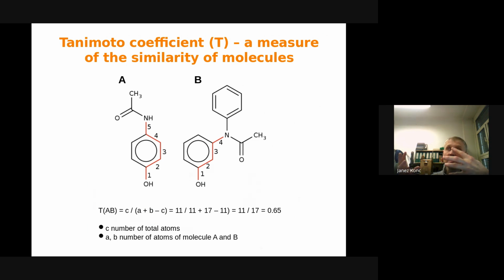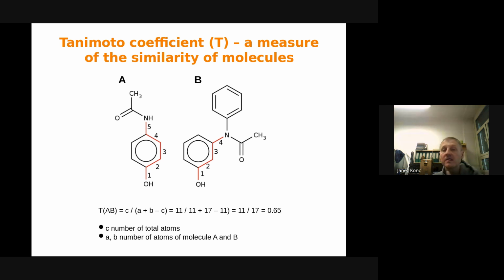And if it's closer to 0, then the molecules are very different. So we want to get Tanimoto coefficients of, for example, about 0.5 or so. So you get compounds that are similar to your reference compound, but not completely the same.